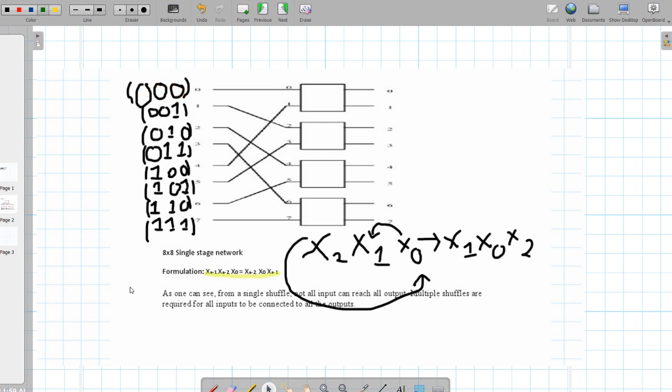If you shift each and every bit one position towards its left, then you get 0, 0, 0. Hence, by following this formulation, we can say that the first processor whose address is 0, 0, 0 can directly communicate with itself only.